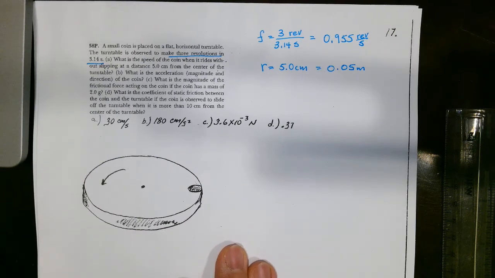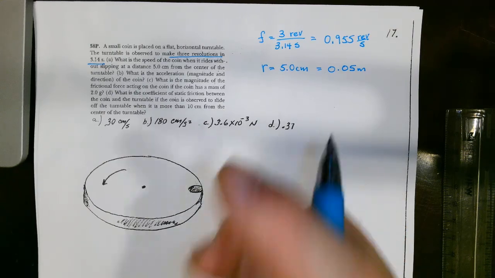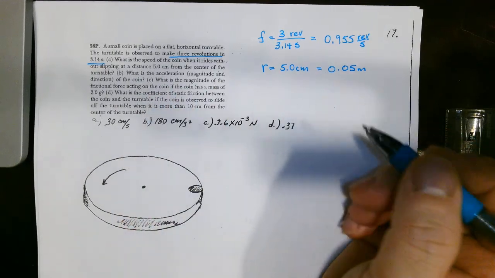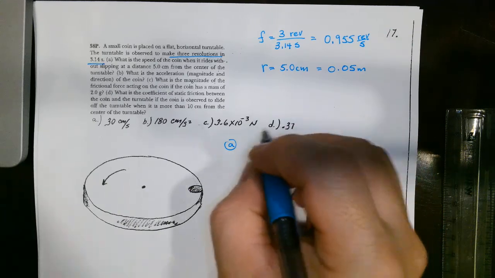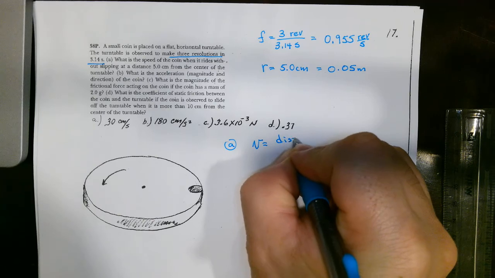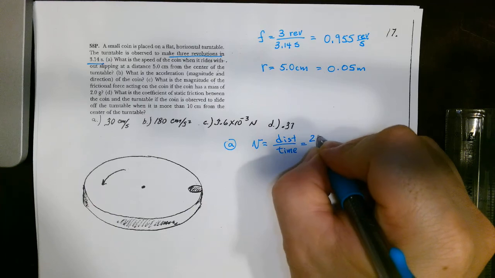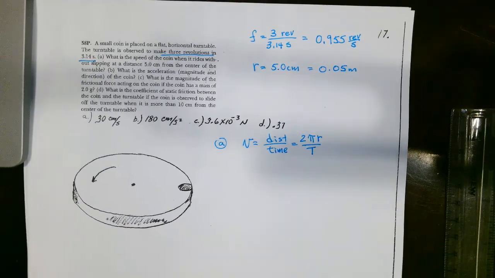So, let's take a look at part A. Part A asks, what is the speed of the coin when it's riding without slipping at a distance of 5 centimeters from the center of the turntable? So for part A, speed v is equal to, of course, distance divided by time. Distance is 2 pi r. Divide that by the time to go around, which is called the period.